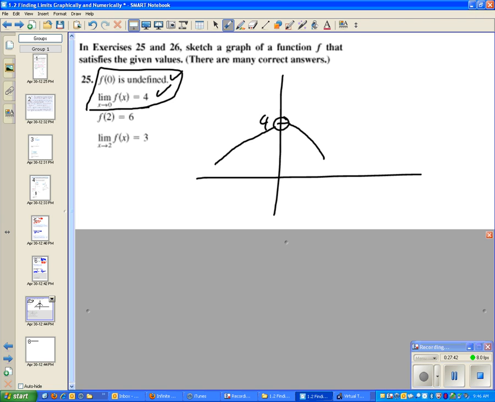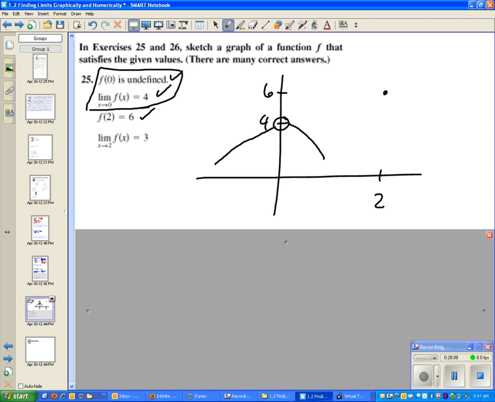All right, now, f of 2 equals 6. Okay, so I'm way off scale here, but I need room to draw. F of 2, I need it to be 6. And I need the limit as x approaches 2 to be 3.